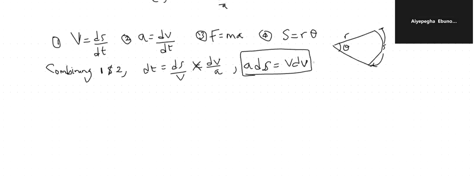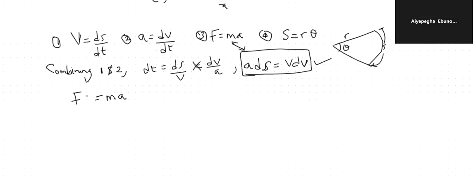Now, if you take this newly derived equation and combine it with equation 3, you're going to have something like this. You know it is F equals ma.